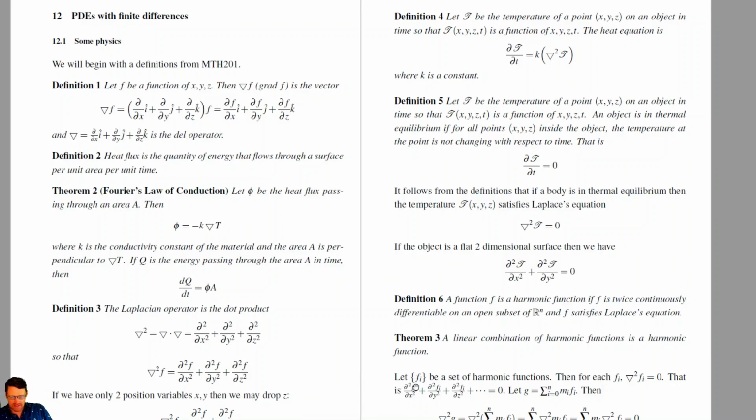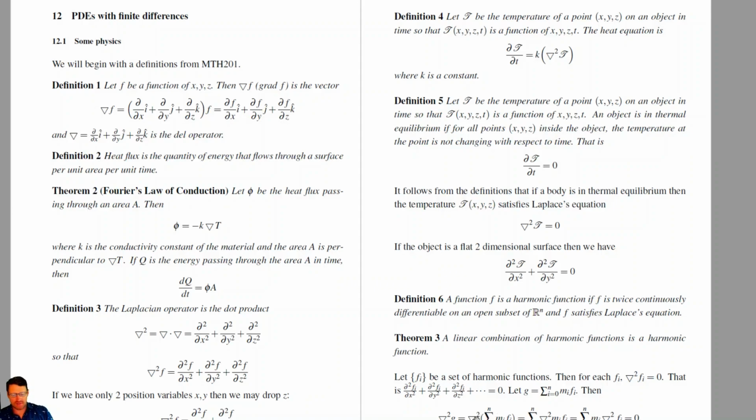Alright, so this here is a little bit of a demonstration of this fact. Let the set of the f_i be a set of harmonic functions. Then for each of those functions f_i, nabla squared of f_i is 0. So that is, they satisfy Laplace's equation. Now let's let g be equal to a sum of constants m_i times f_i. In other words, just form some linear combination and call it g. And let's take nabla squared of g. So that would be nabla squared of the sum of the m_i times f_i.